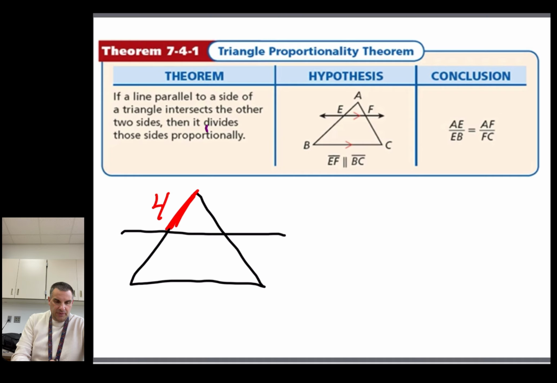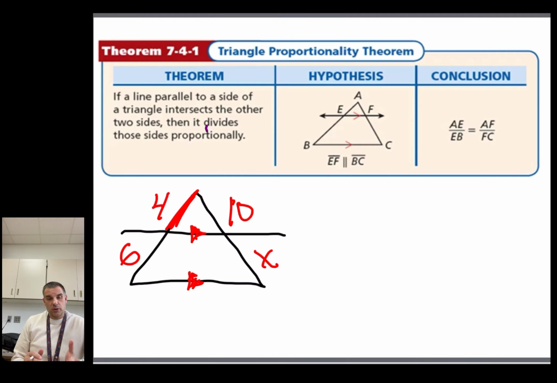Over this bottom piece, let's call it 6. That is going to be proportional to the other side. So if this is not necessarily 4, but let's say that this was 10, we could find the value of x. They don't have to be the same, but they are proportional.